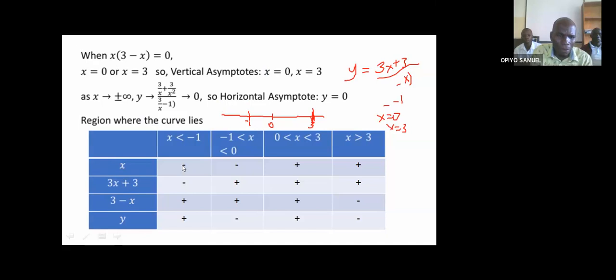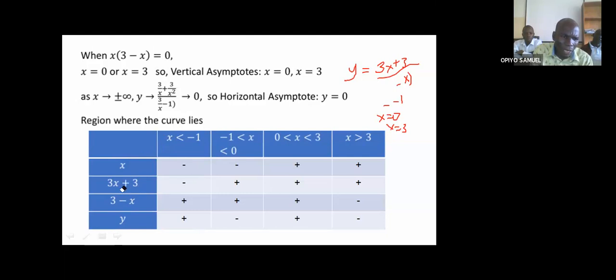So when we indicate it like this, you look for any number less than -1 and substitute here. Say you have picked -2, which is on the left of -1. Then we get negative here, and still negative here.